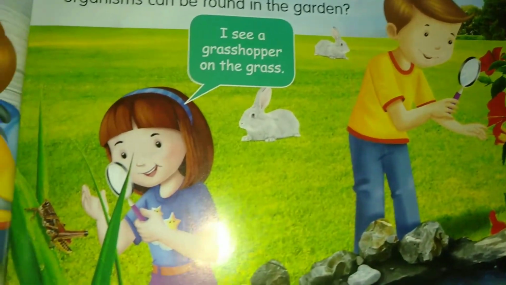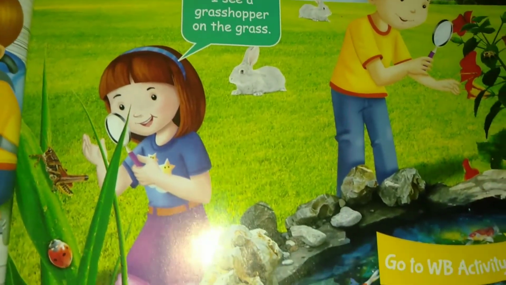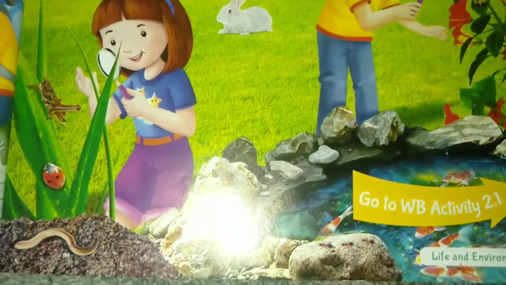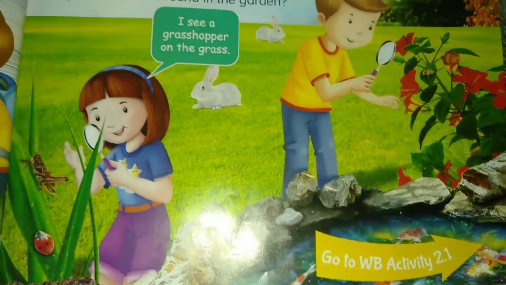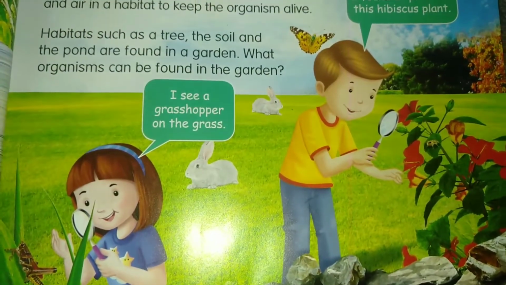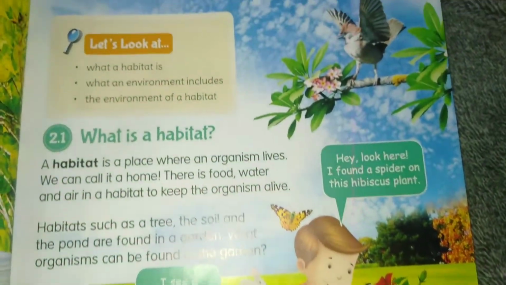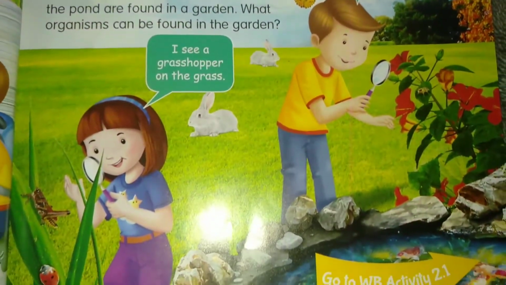And then the little girl here, I see a grasshopper on the grass. And there's a fish over there at the pond. And there's a rabbit over there. And you can see the habitats of those. Now let's see the next one.